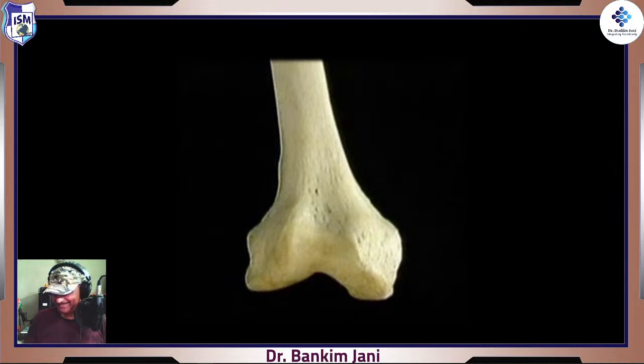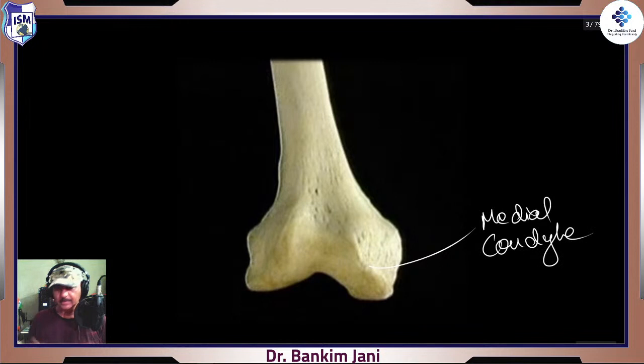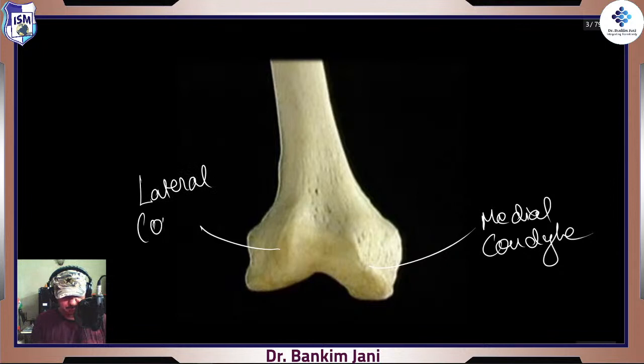All right. So what I was talking about, that this is the lower end of the femur, and this is our medial condyle, and similarly on the opposite side, that's the lateral condyle. Some terminology will help us in properly identifying the attachments, right?